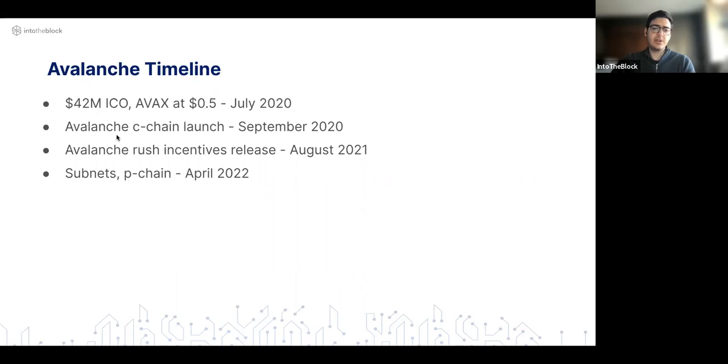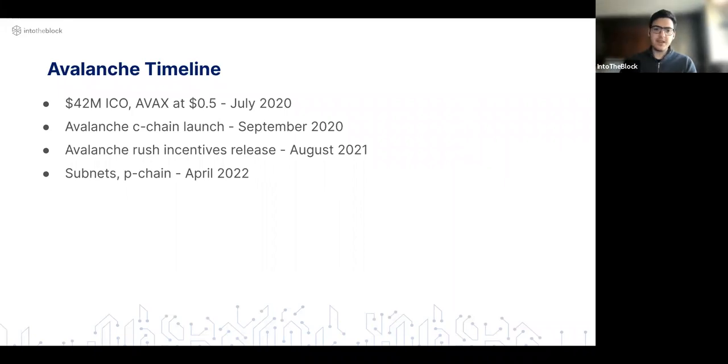The chain itself, the main one, is actually multiple chains. The C chain launched in September 2020. That's where most applications currently live. In August 2021, as DeFi and the bull market started getting more traction, they announced the Avalanche Rush incentive program, which led to a significant influx of both capital and new users into the ecosystem, boosting growth remarkably, as we'll see in a few slides.